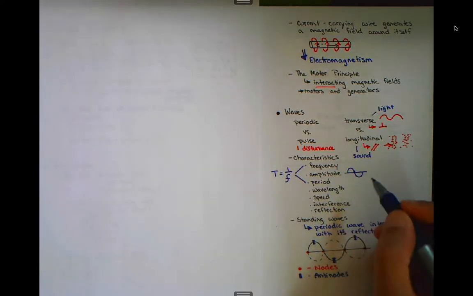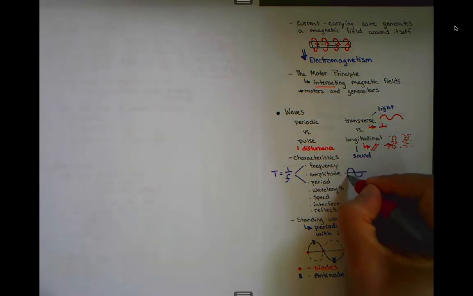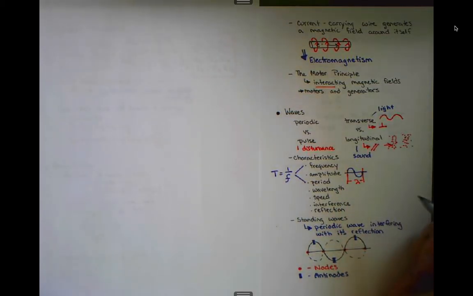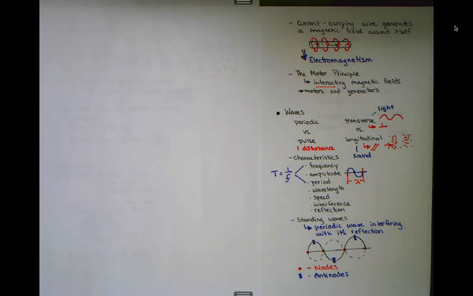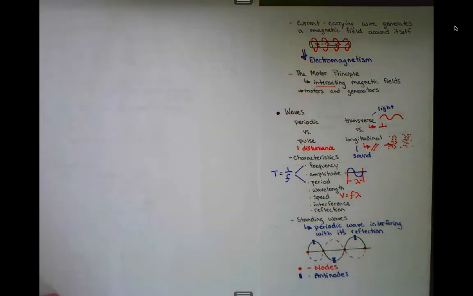The wavelength is the distance from 2 points in phase. Right, so this would be 1 wavelength. The speed of a wave, v equals f lambda, so the frequency times the wavelength. And then we talked about interference, constructive versus destructive, and reflection.